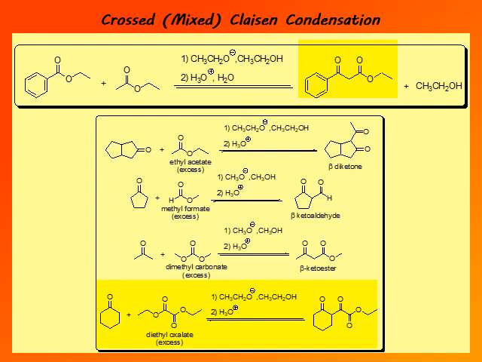And finally, here we have an example of a diester of oxalic acid, so diethyl oxalate, and reaction with a ketone. So the ketone is deprotonated, being much more acidic, and actually oxalate doesn't have any alpha hydrogens, and then reaction with diethyl oxalate results in this rather interesting tricarbonyl compound. So this is a diketoester.